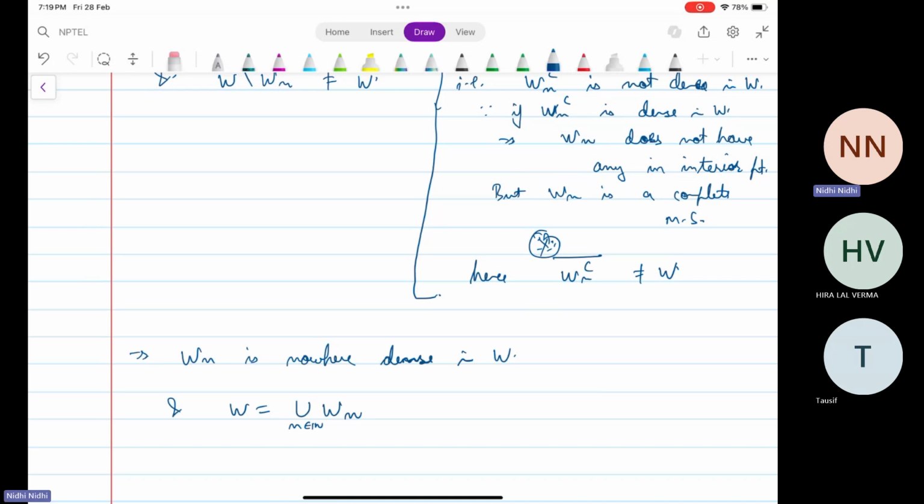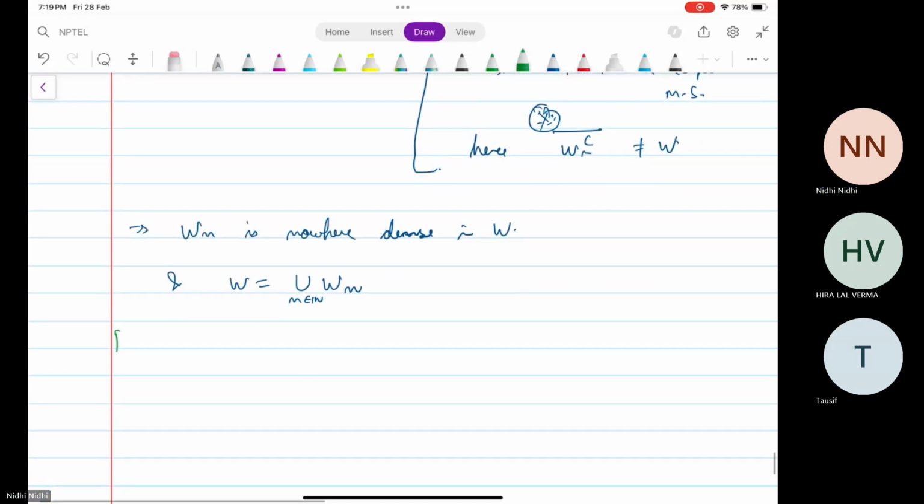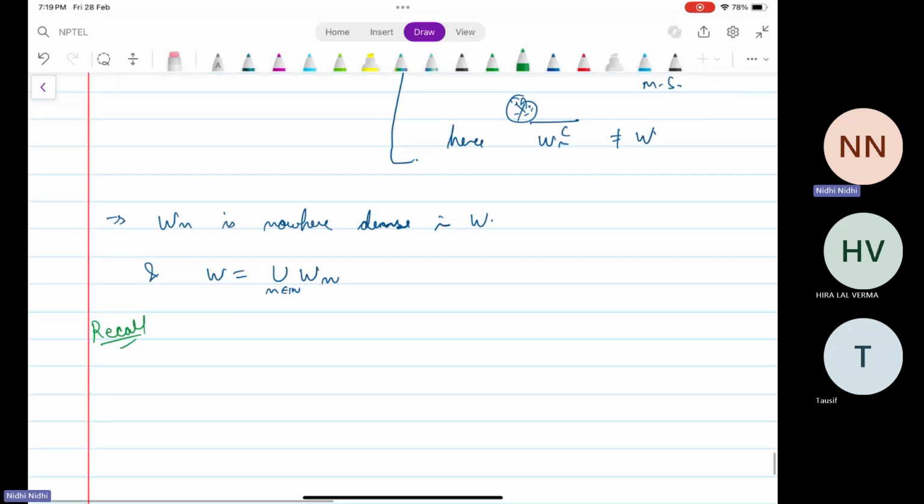But we know that by Baire's theorem, let's recall a version of Baire's theorem. I'll recall it.